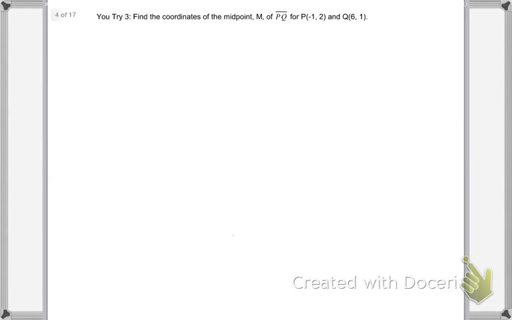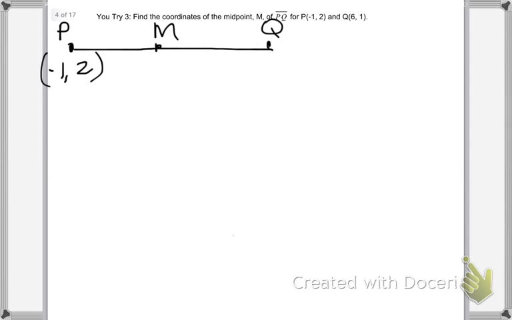Okay, go ahead, pause the video and see if you can do this. You try. So, if I'm finding the midpoint of P and Q, I know that P is -1, 2, and Q is at 6, 1.